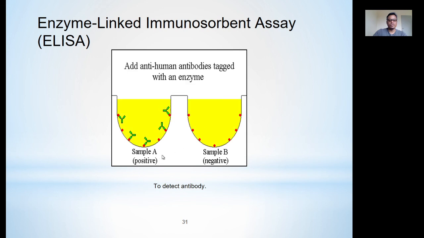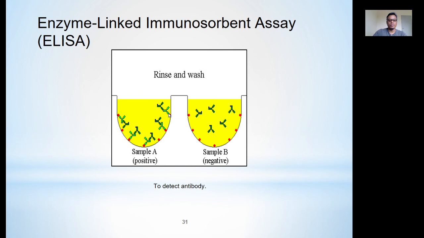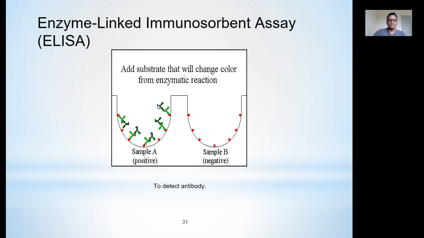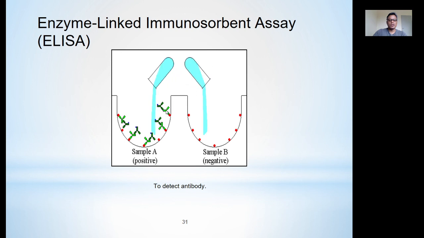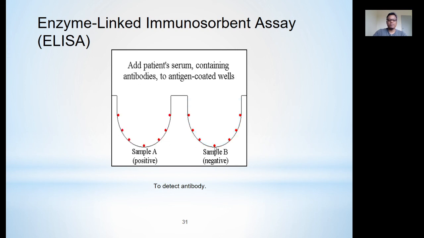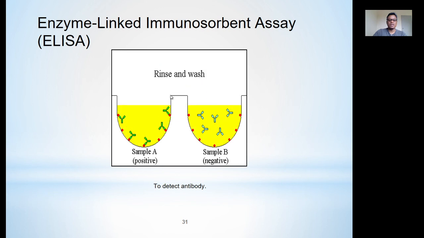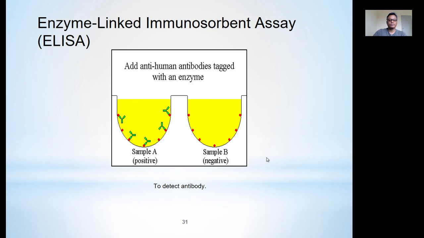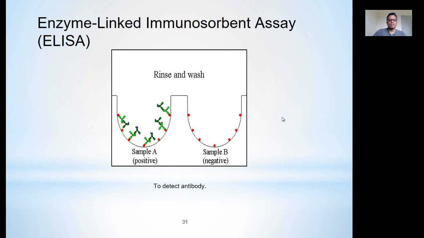If it is positive, the specific antibody will bind to the antigen, and then we will put the second antibody that contains the enzyme that will bind to the antibody that we are looking for, and then we will add substrate. The reaction between enzyme and substrate will produce a color change compared to sample B, negative, because this patient does not contain the antibody in the beginning. In detecting antibody, we are using antibody against antibody.